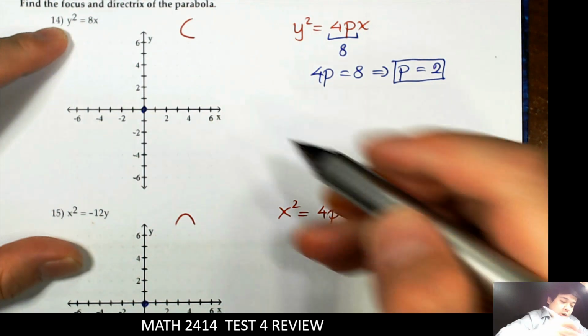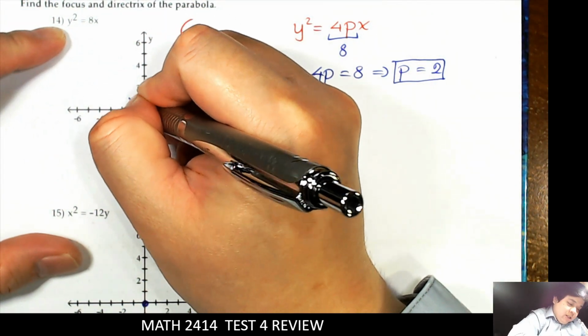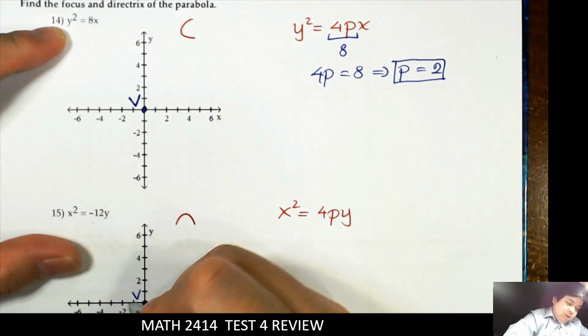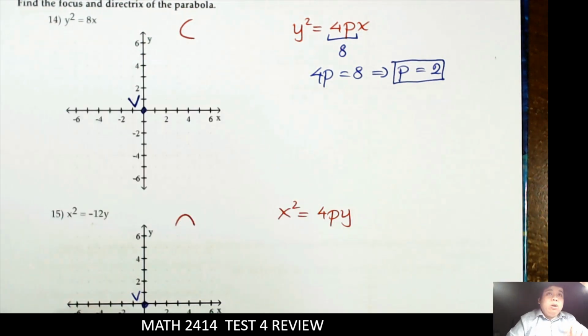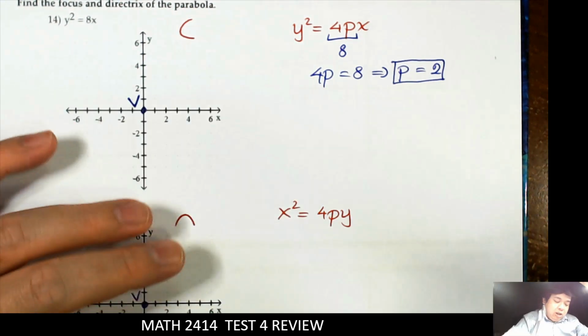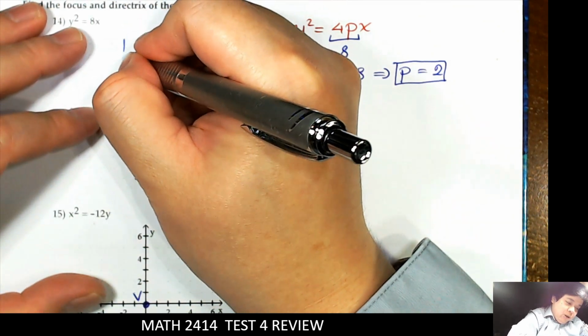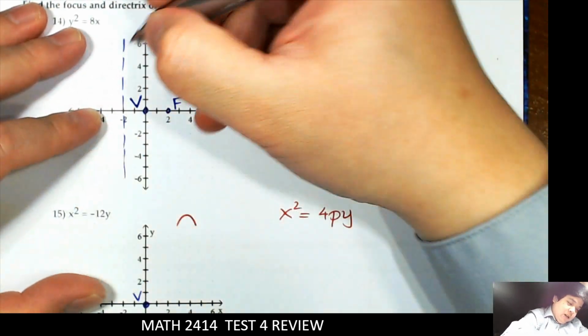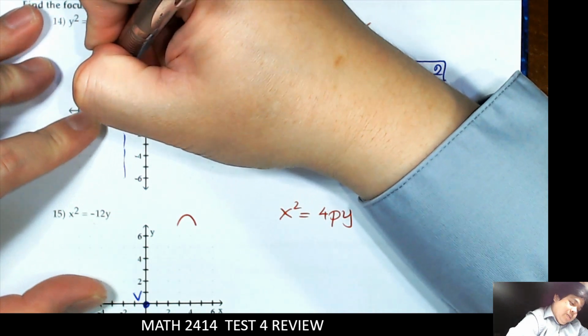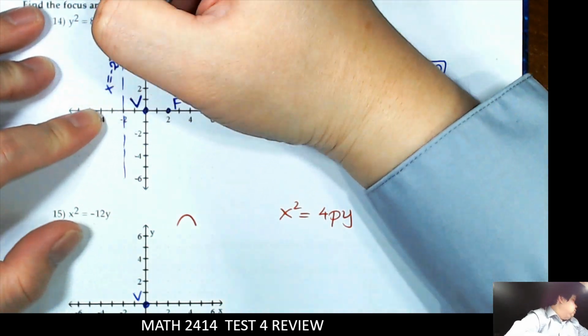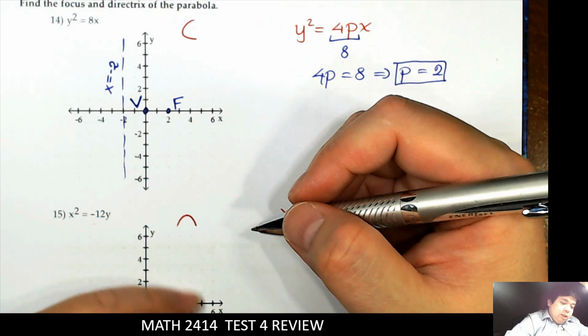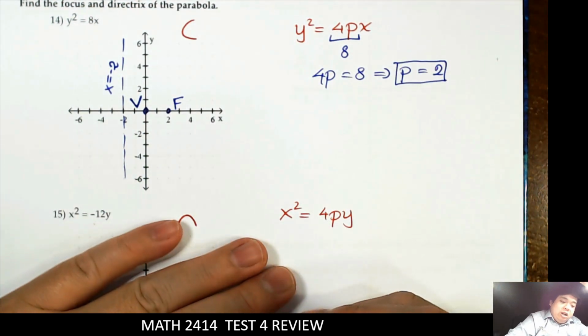So first, the point on the graph, this is going to be the vertex, 0, 0. Now it's going to be 2, meaning this one opens to the right. So the focus is going to be on this side and the directrix will be on this line. So the directrix is x equal to -2.